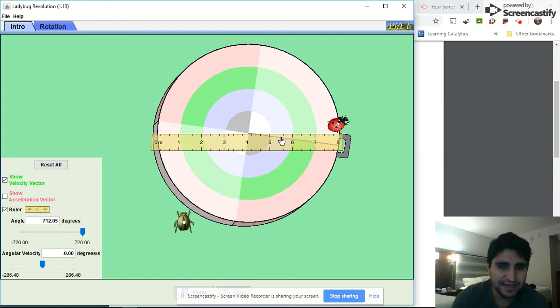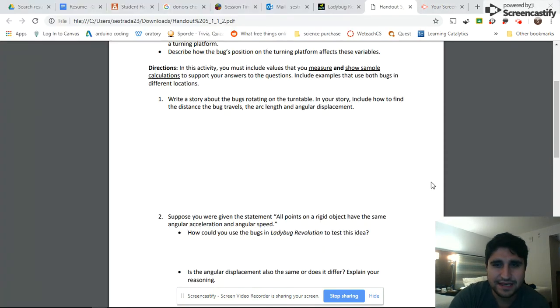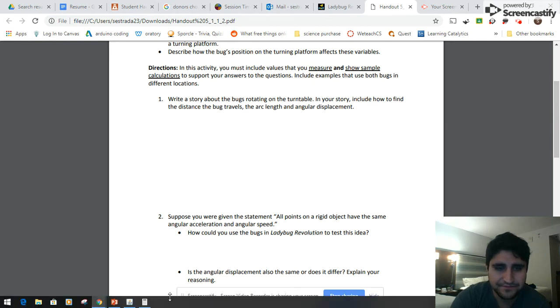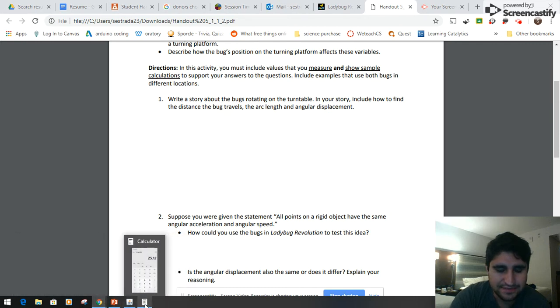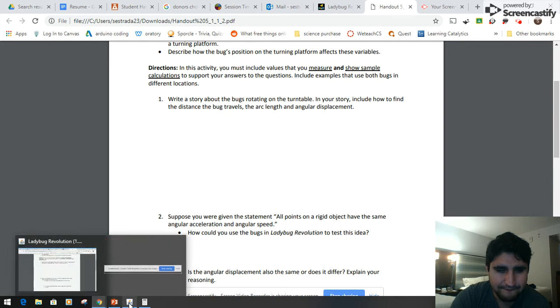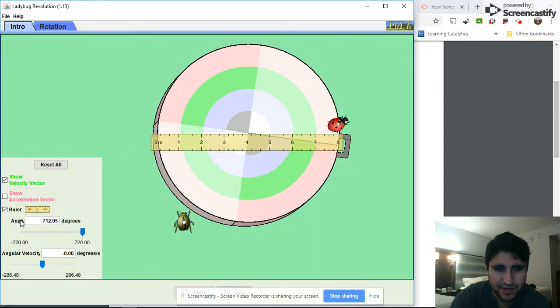So now let's connect that to the second part, the angular displacement. How can we find the angular displacement? We're going to find it from right here on the left-hand side, where it says degrees.